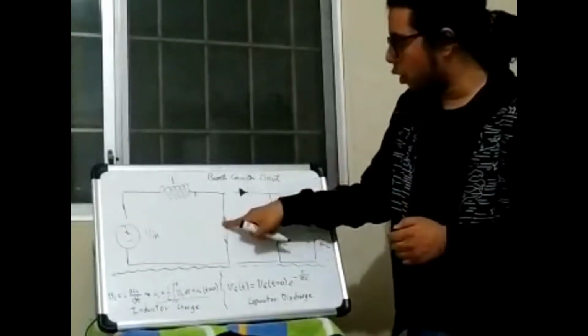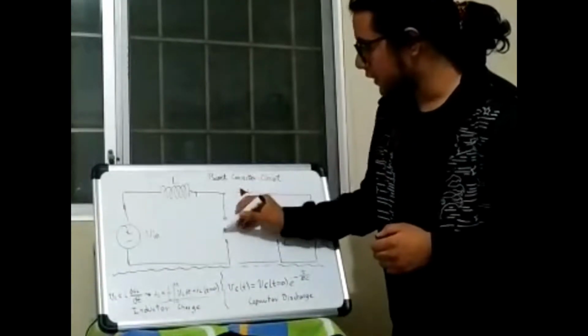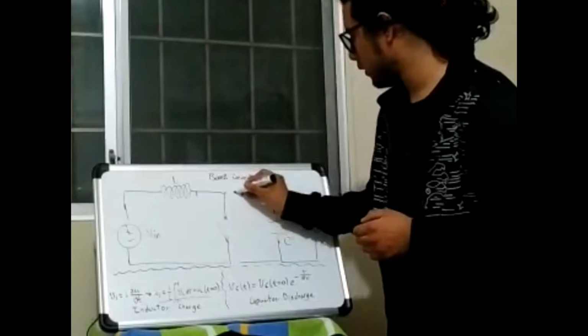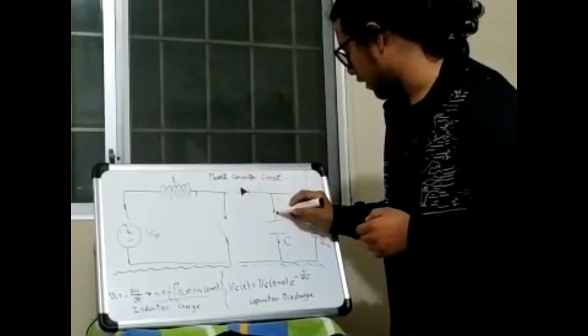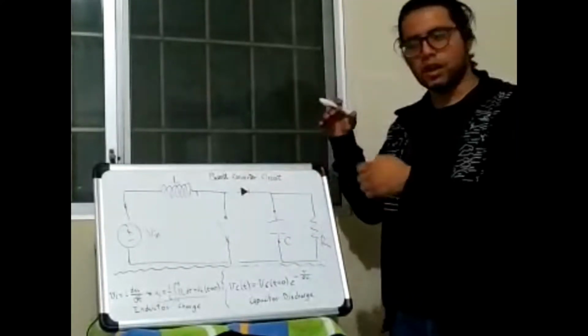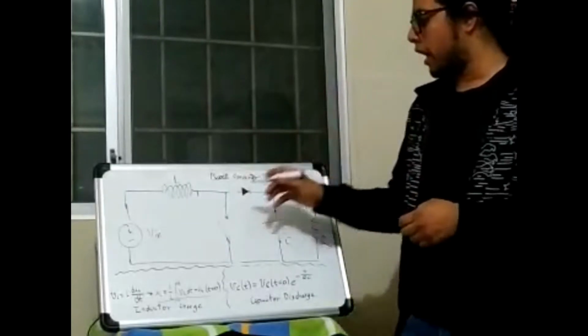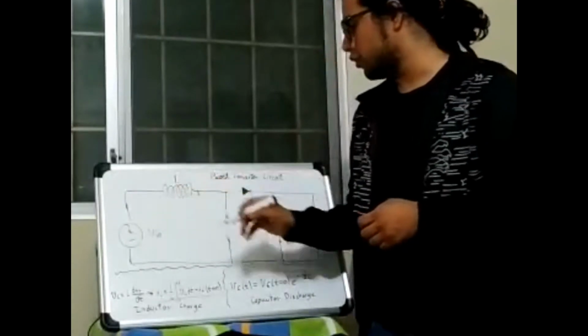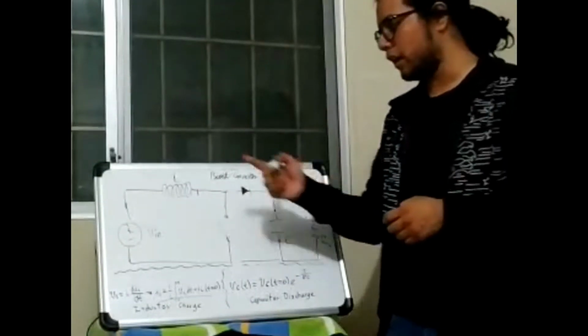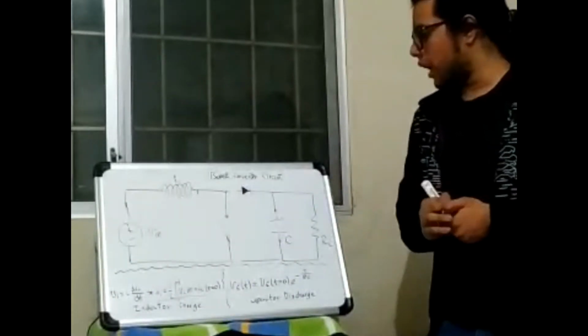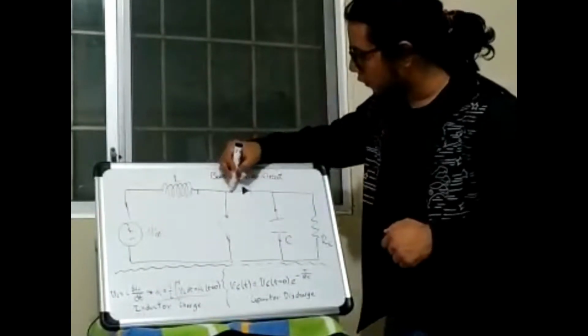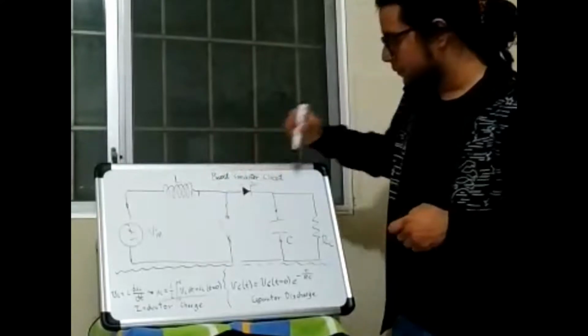When we open this switch again, we have another charge, but as this inductor is charged because of the source, we have a lot of current going right here.